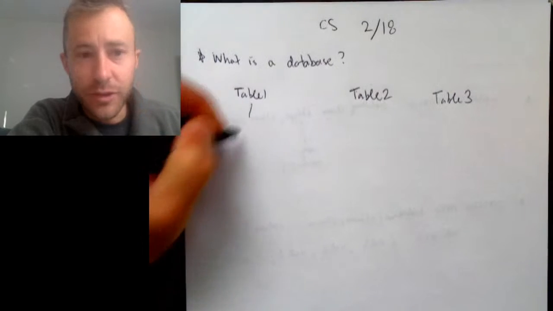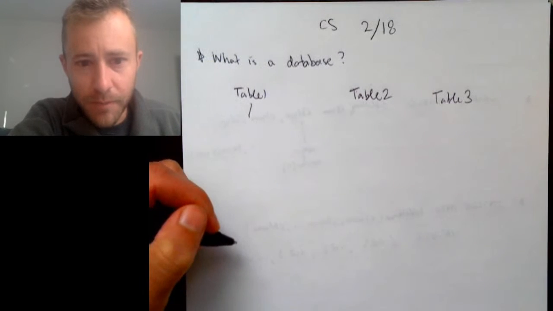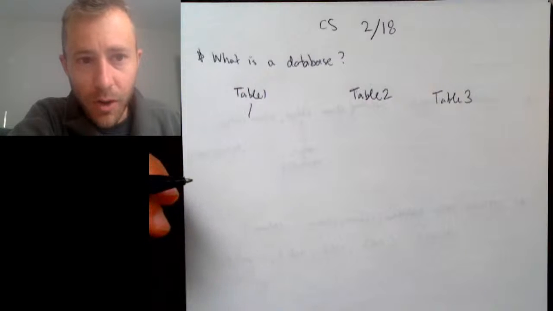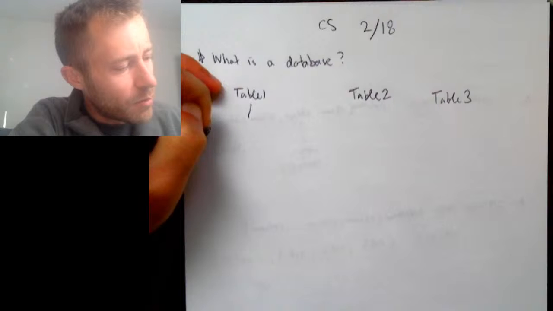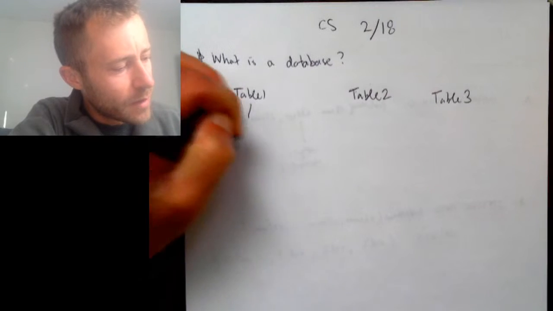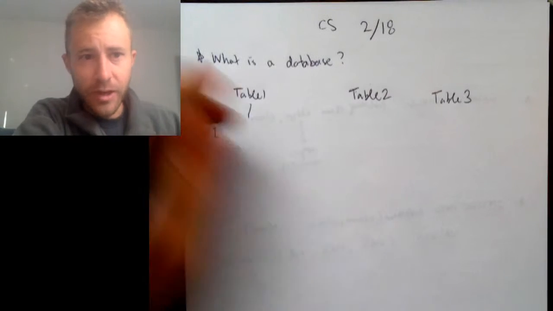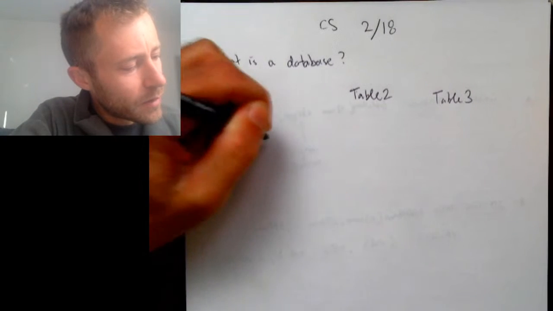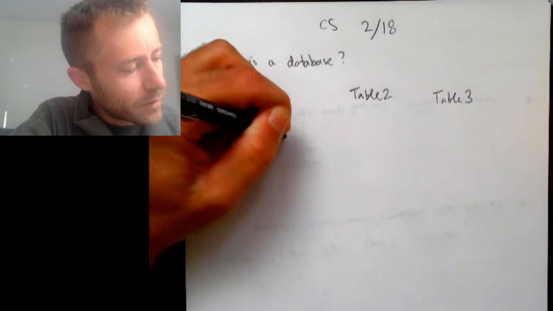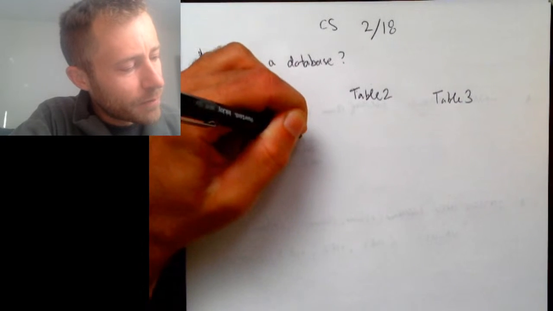And so what does each table look like? Well, a table has a number of columns, okay? So you're going to have column 1, and each table can have a different number of columns. So column 2, column 3, column 4.